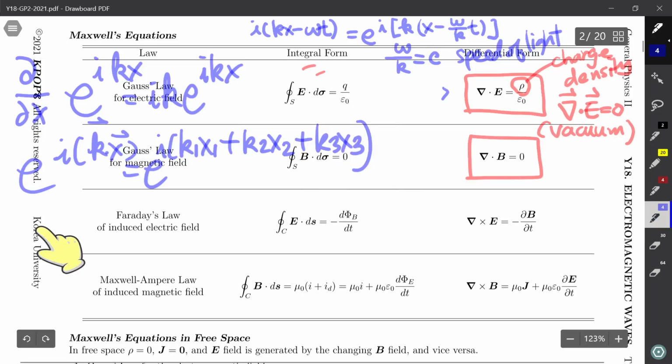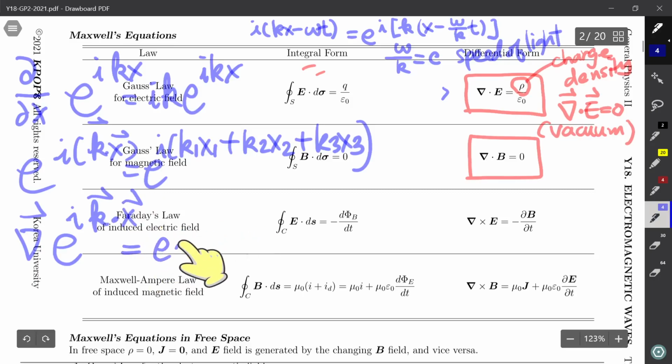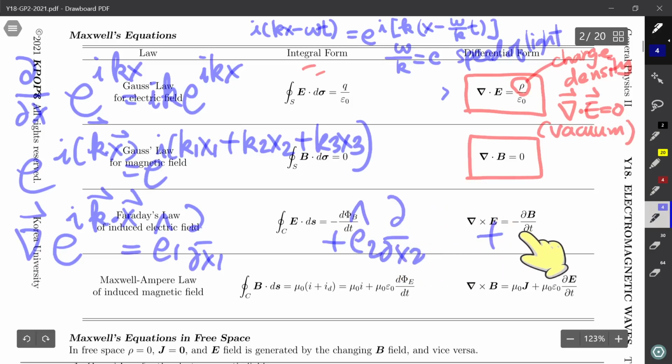So if I apply the gradient to the exponential e to the ik dot x, I get e1 hat times the x1 partial derivative, e2 hat times the x2 partial derivative, and e3 hat times the x3 partial derivative.